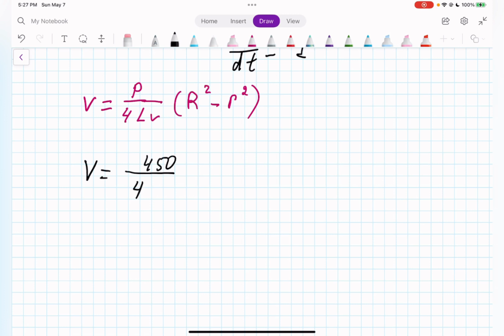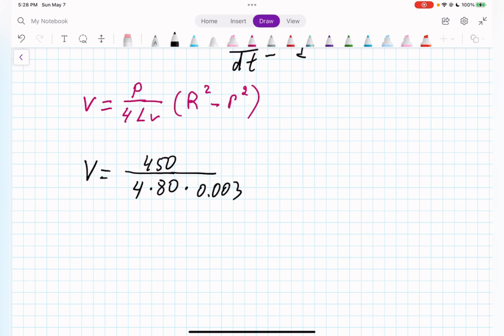Four times, how much is my L? 80. How much is my lowercase v? 0.003.